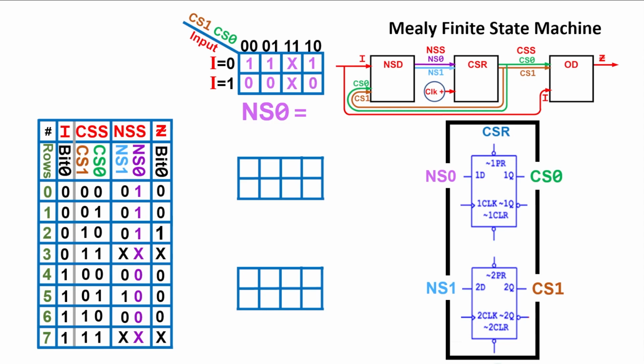And if you remember now, what we do is we implicate the biggest groups we can. Well, that truth table is only 8 cells, and we cannot implicate all 8 because that would include zeros, and we don't implicate by including zeros with minterms. So what can we implicate? We can't do a group of 8. Can we do a group of 4? Oh yeah, we can. We can do the entire top row because the X can be considered to be a 1 if it's useful.